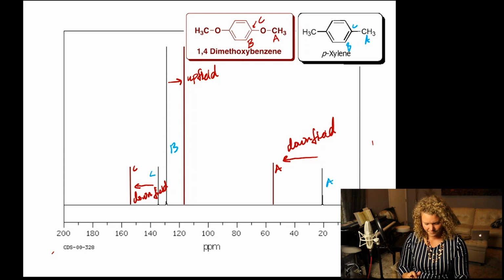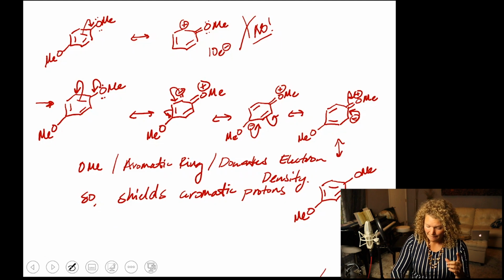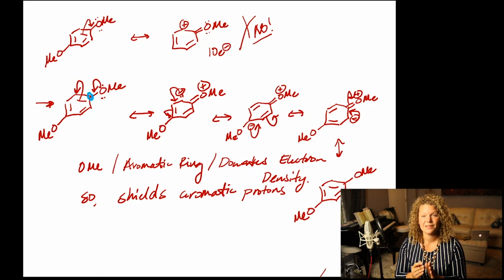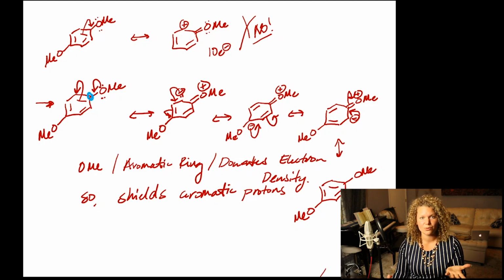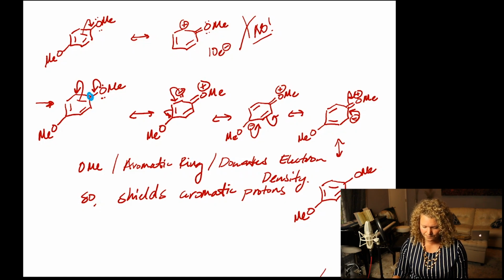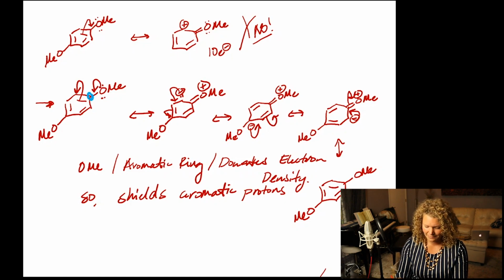Again, one of the things that was different about the carbon NMR that may have been surprising is that our carbon here was shifted downfield when we had an OMe group on it, meaning it was de-shielded. Can you see in the resonance why that makes sense that that carbon is de-shielded compared to our paraxylene example? So if we have an OMe group rather than a methyl, that carbon circled in blue is de-shielded.